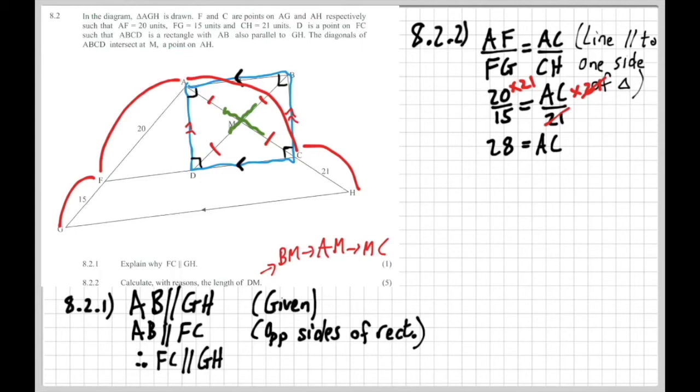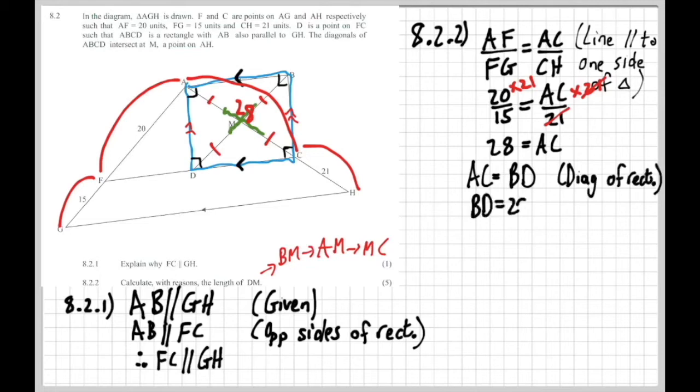So what I like to do is write it in on my sketch. Now I know that AC is equal to BD. Again, look at the path I want to go. If I can find BD, then I can find DM. Now AC is the same as BD because they are diagonals of a rectangle.